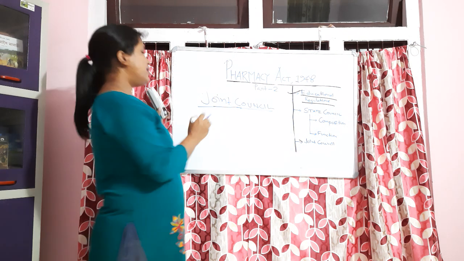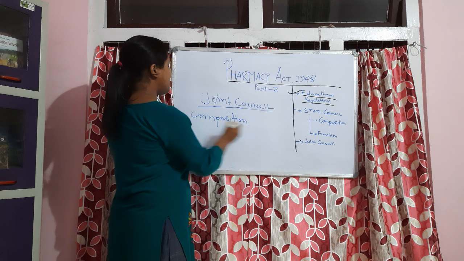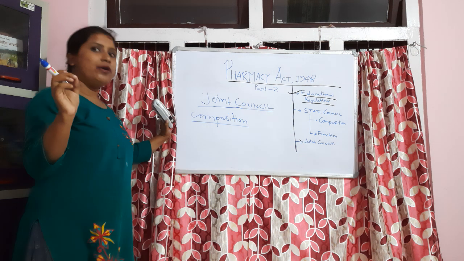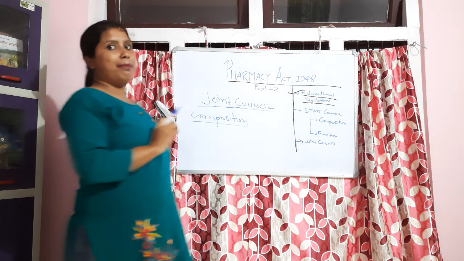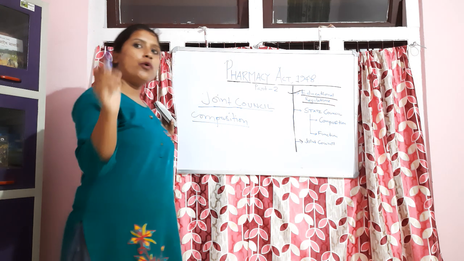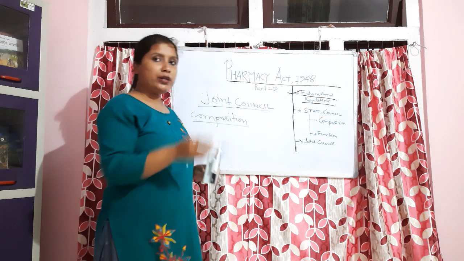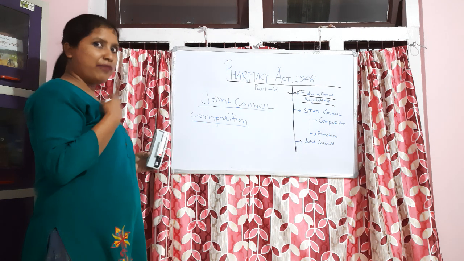So what is the composition? First, there will be elected members, not less than 3 and not more than 6. I have already given the number in the note. You will see it. Now I have forgotten.